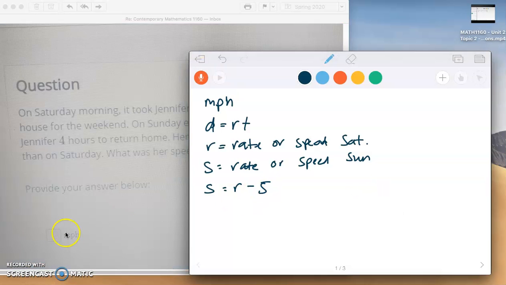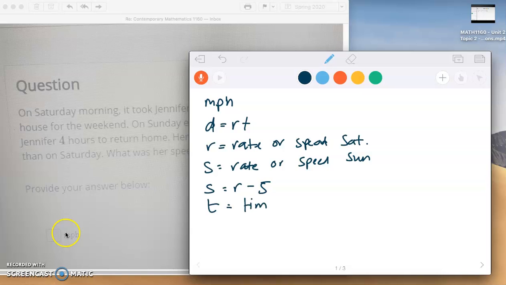So we know that the distance on Saturday was equal to the distance on Sunday. So we would set these equal to each other, right? Actually, let me do this again. So we had the time for Saturday.